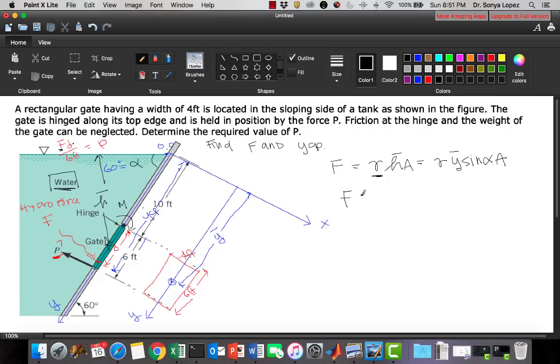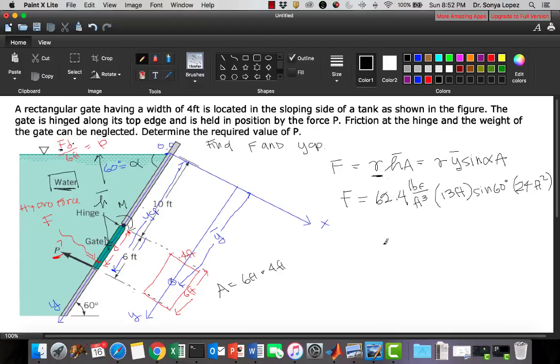So the force is going to be 62.4 pound force per foot cubed multiplied by y bar, which y bar is 13 feet, multiplied by sine 60 degrees multiplied by the area, where the area is going to be 6 feet multiplied by 4 feet, which is going to give us 24 feet squared.